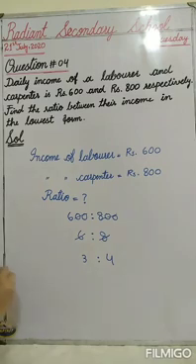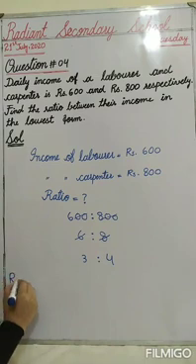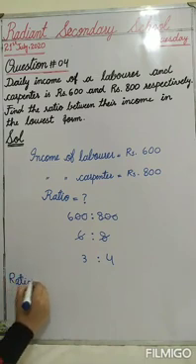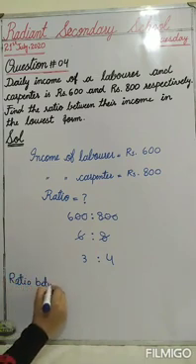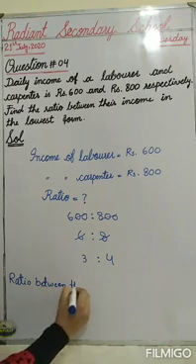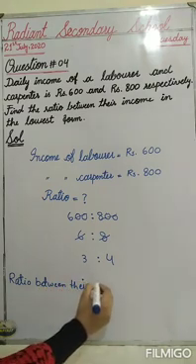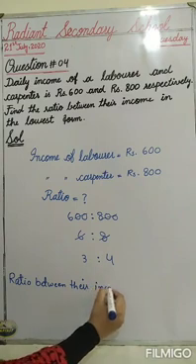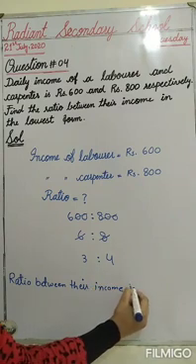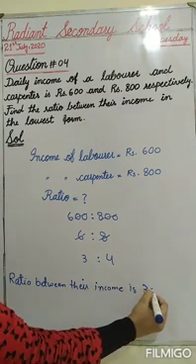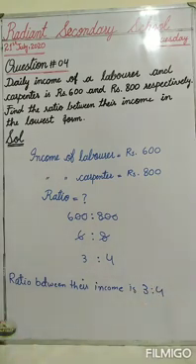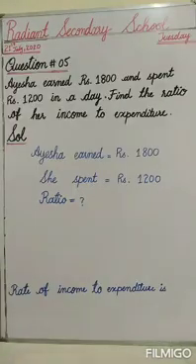We have to write this in the form of statement as well. Ratio between their income is 3:4. That's all.